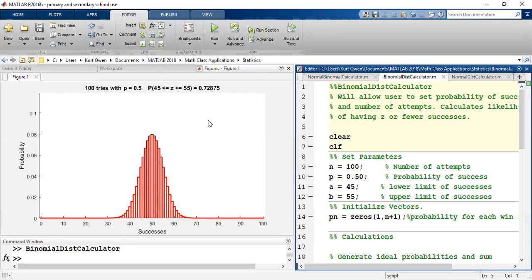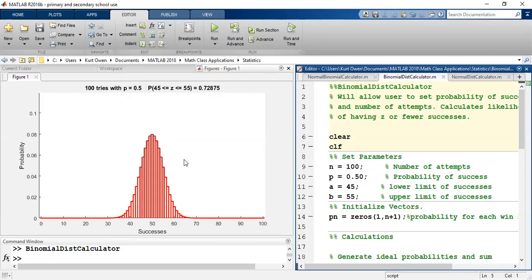So there's a reasonable probability that we wouldn't have that happen, but you can see up at the top in the title, the probability ended up being 72.9% roughly. And that actually corresponds to the area of the bars.